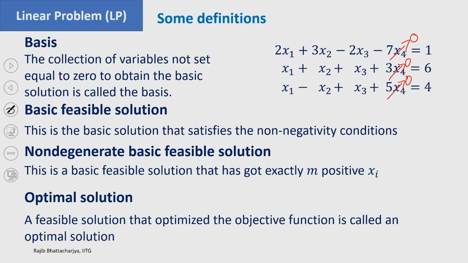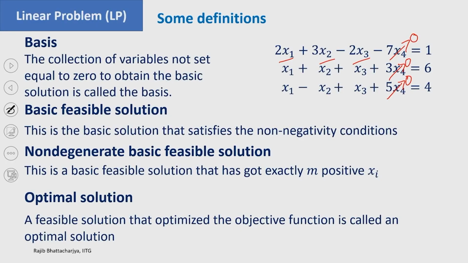So, by the definition, the collection of variables not set equal to 0 are x1, x2 and x3. I am not considering them as 0. So, this collection is known as the basis. Here x1, x2 and x3 are in the basis. I hope this is clear.